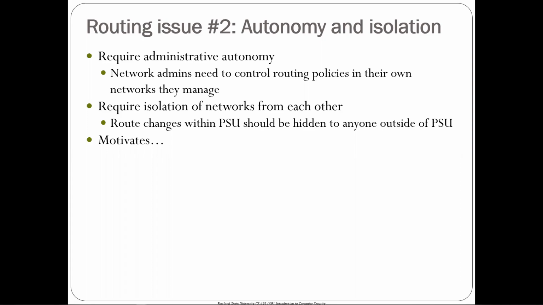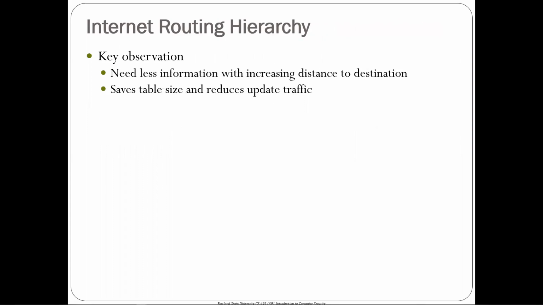So this isolation is something you also want, so that administrators can autonomously control their own infrastructure. For example, when Portland State changes things internally in their network architecture, you don't want people at Oregon State, or somewhere across the country, to see that. Both of these routing issues lead to the internet routing hierarchy.